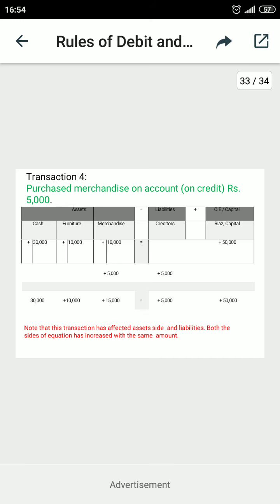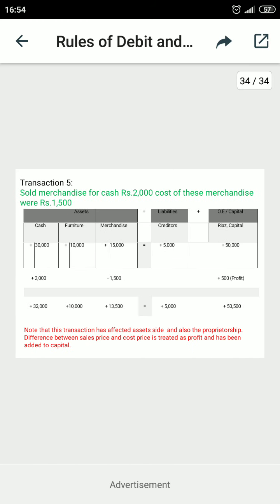Now the last example: again the closing balances are forwarded. Now the next transaction is sold the merchandise for cash of 2,000, and the cost of the merchandise is 1,500. The merchandise will be considered at cost price. The sale price is 2,000, so the money received is 2,000, which will increase the cash by 2,000. The merchandise value is 1,500, meaning the cost price, so stock will be reduced by 1,500.